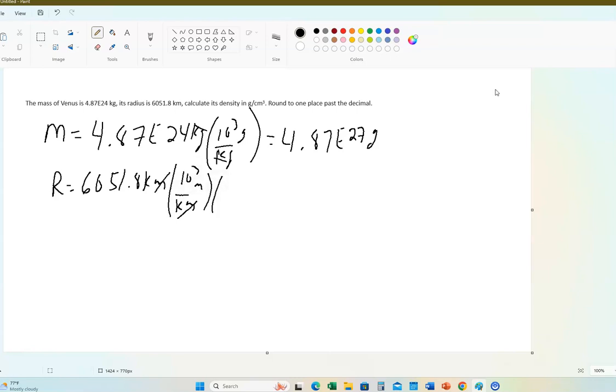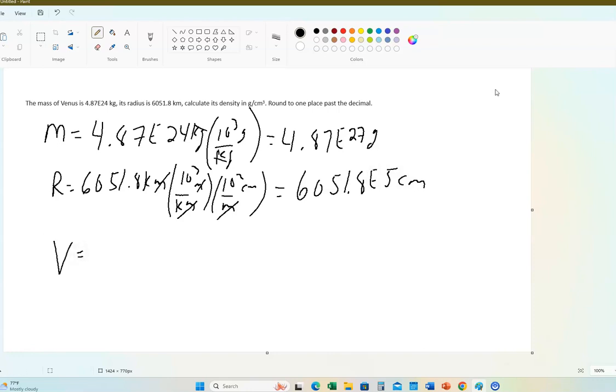Kilometers cancel, and then you say 10 to the second, 100 centimeters in 1 meter. All right, the meters cancel. So this becomes 6051.8 times 10 to the fifth centimeters. All right, so there we go.